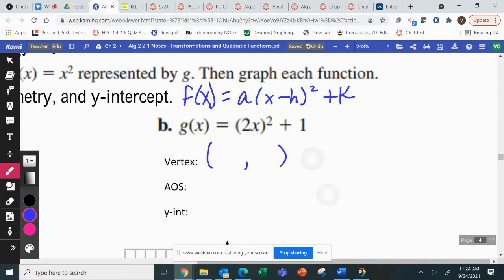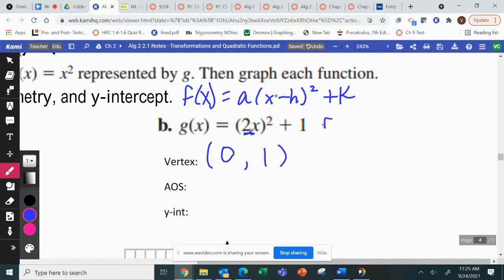It would be 0, 1. Yes, that is correct. Now, just so you guys know, one thing that we wrote when we wrote down vertex form is that vertex form cannot have a horizontal stretch or shrink. So technically, this is not vertex form.